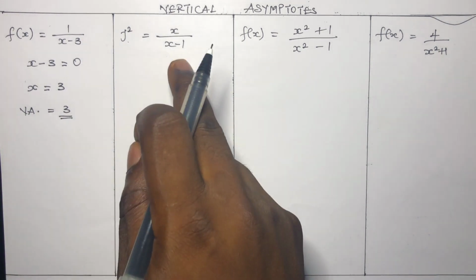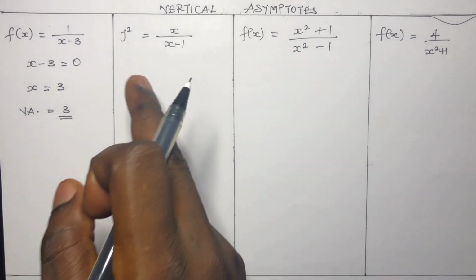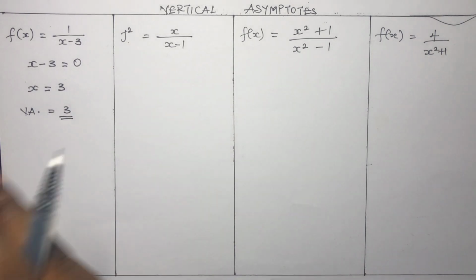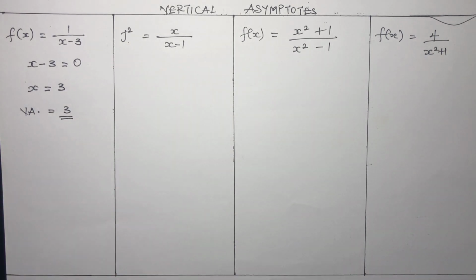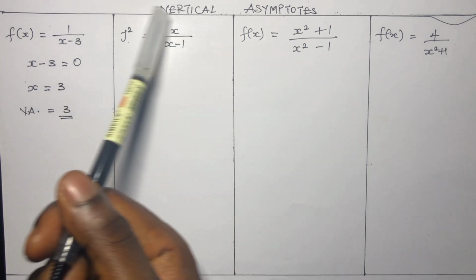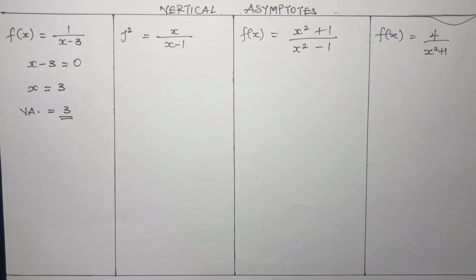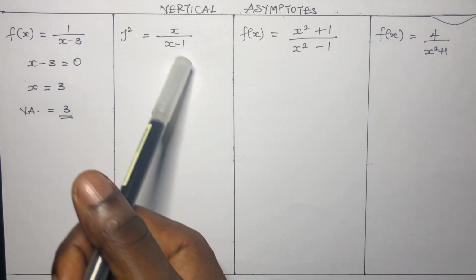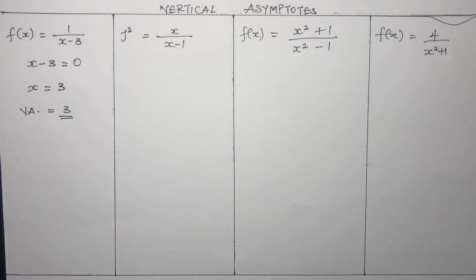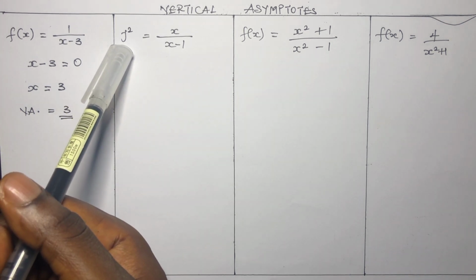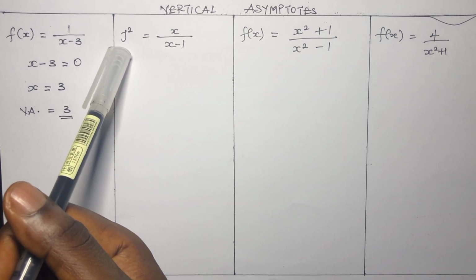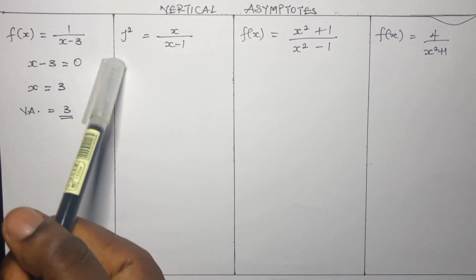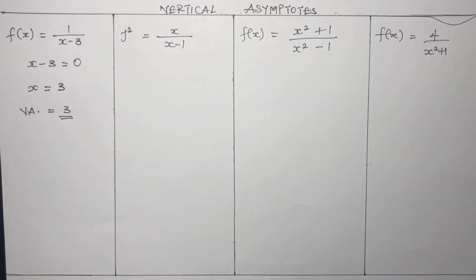Now in this case, we have y squared equal to x over x minus 1. And we know that this function, we need to simplify in order to obtain the vertical asymptote. Because we have y raised to the power of 2, we have y squared. So we need to make y the subject of the formula in this case.